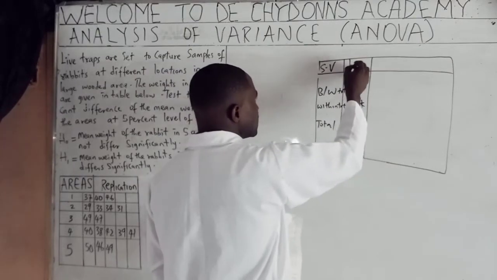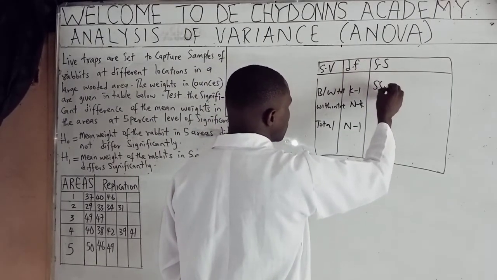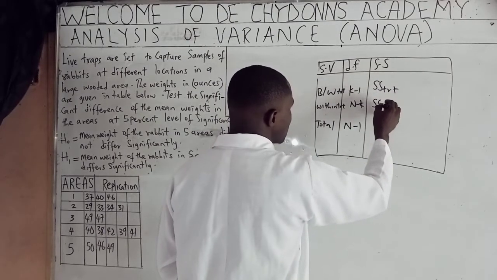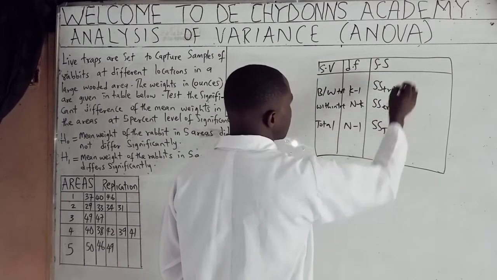So, here degree of freedom, here sum of squares. Sum of squares for treatment, sum of squares for error, then sum of squares for total.